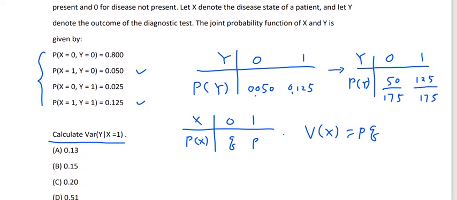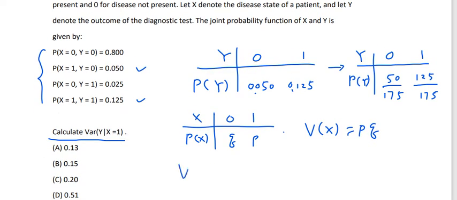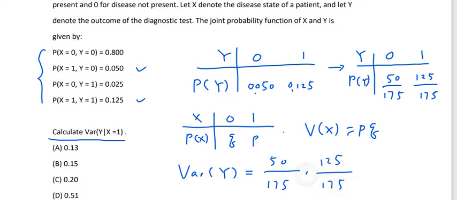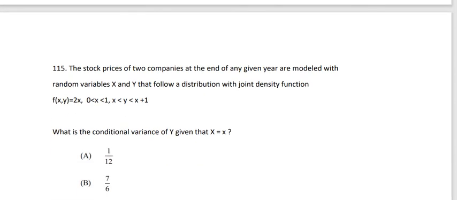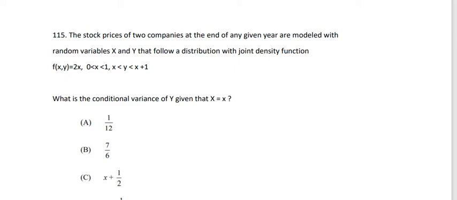So here the variance for this y just equals PQ, like 50 over 175 times 125 over 175. So for this problem, it is the conditional variance of y given this. This is just like the variance of y conditional on x equal to x.